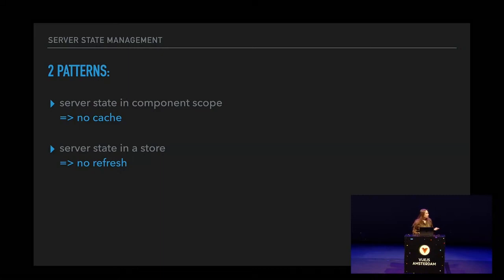Of course, there is an issue with it: I have no cache. That's the reason why we often move to a second pattern, which is to keep the server state in the store. So here, we have some cache, but we don't have refresh. We still have the refresh to handle, and honestly, I tried, it's not that easy.